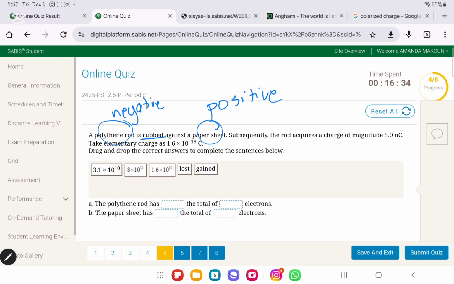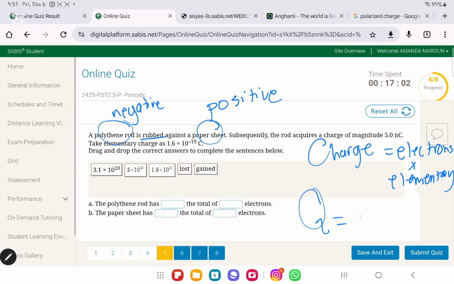Okay, and the equation is that the charge, which I will denote by C, charge C in coulombs, or let me just write it in full form. Charge is equal to the number of electrons multiplied by elementary charge. So by word form, it is small q charge, not capital Q, that is for energy.